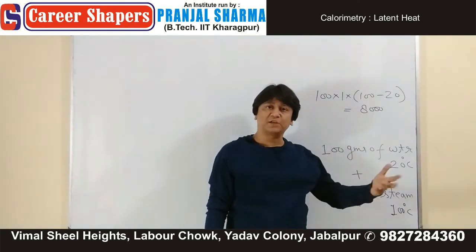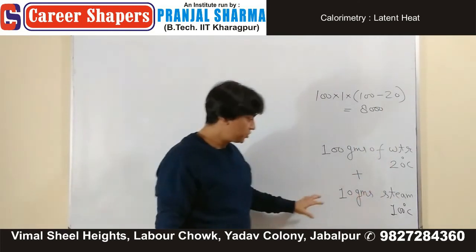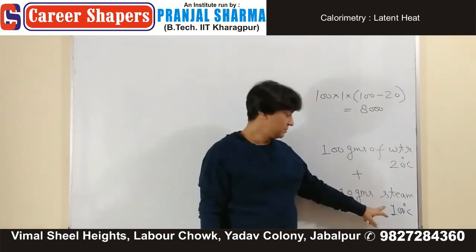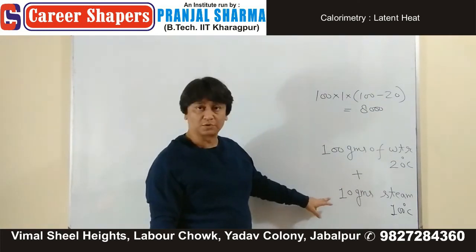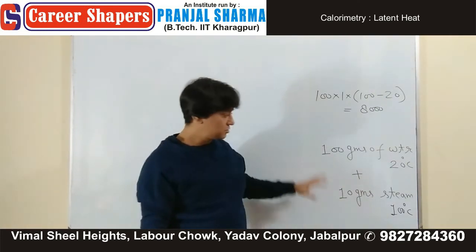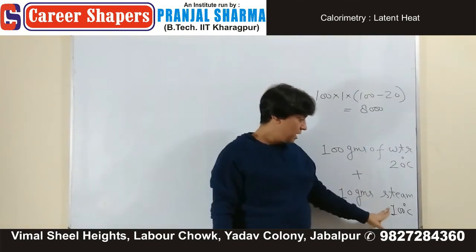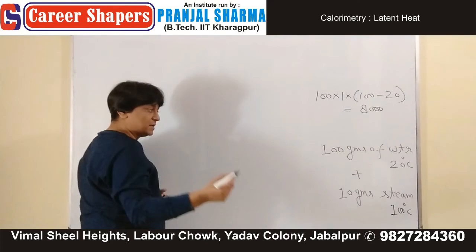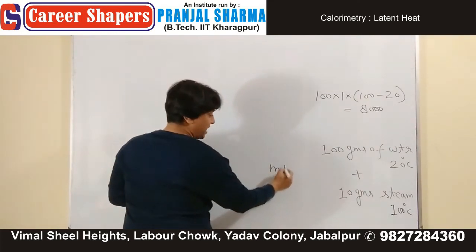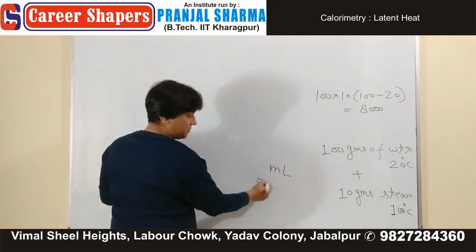What is the max which you can get with condensation of this 10 grams of steam? 10 grams of steam, high temperature. This is the source. This source, which is at 100 degrees Celsius, can supply a maximum of M into L only. How much is M? 10.